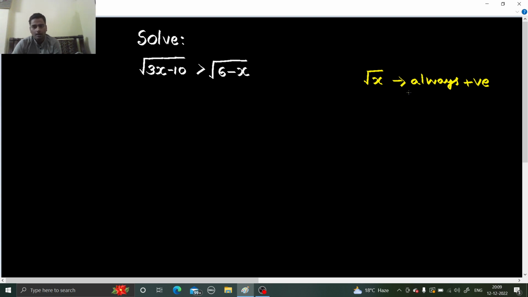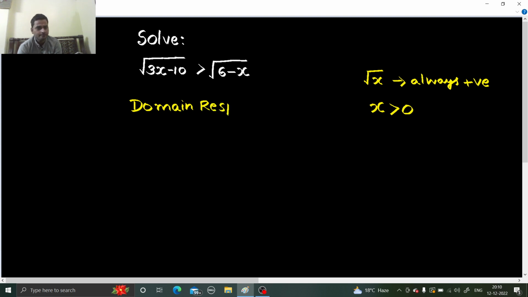The output of a square root is positive, and whatever we take inside that square root should always be positive. Output is positive, that is fine, but input is also positive. So first of all we'll take care of the domain restriction. Domain is basically the inputs which we take.